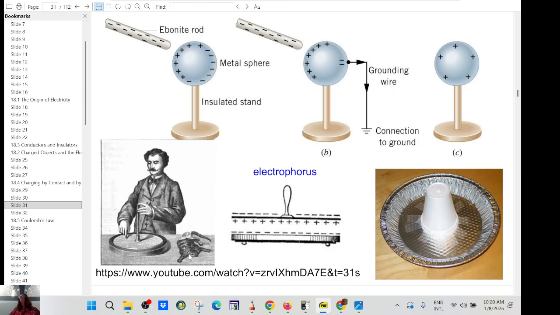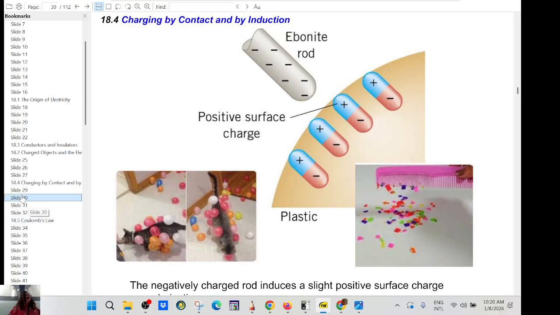So you can do it with a piece of wool, that works too, or silk. If you have a tie made of silk, it works also. I'm not going to explain it, but the idea is the same: it's charging by induction. I invite you to watch this video if you want to do the demo, that will be cool.